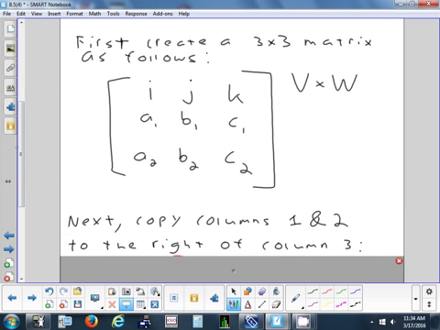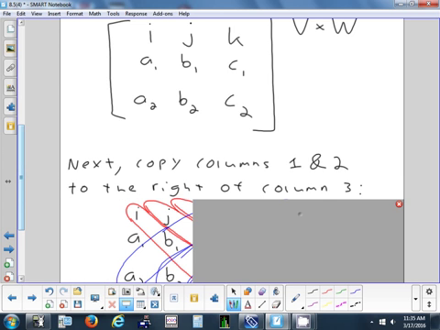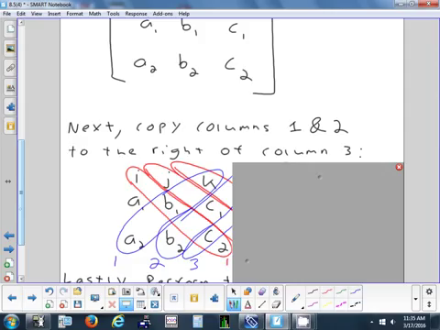All right, so next, what we're going to do is copy down the first two columns, column i and column j, to the right of column k. So we're going to add two more columns onto the end. We're going to put a copy of the first column on the right and a copy of the second column to the right of that. So I still have the original i, j, and column k.